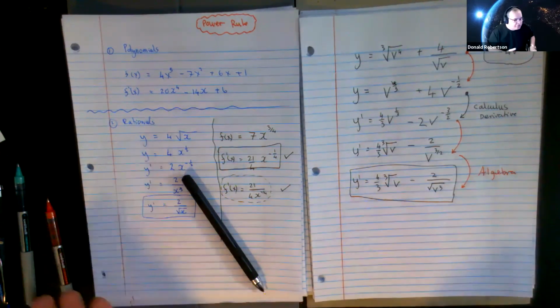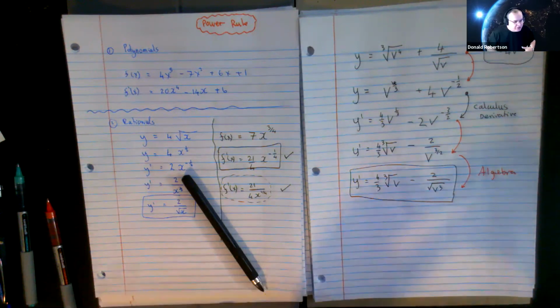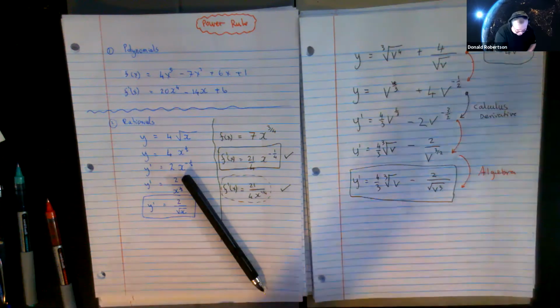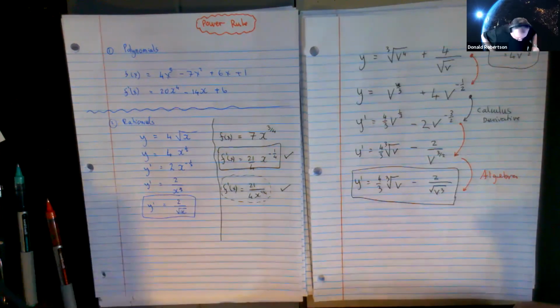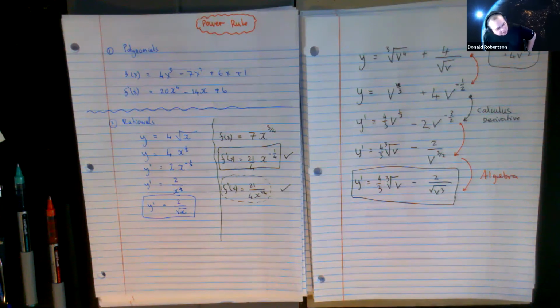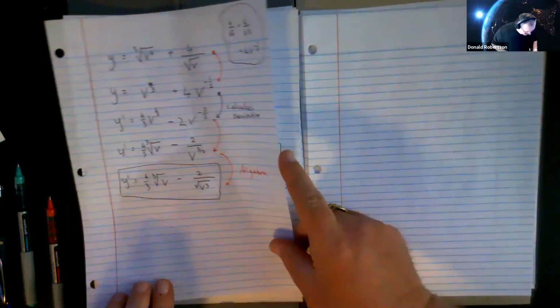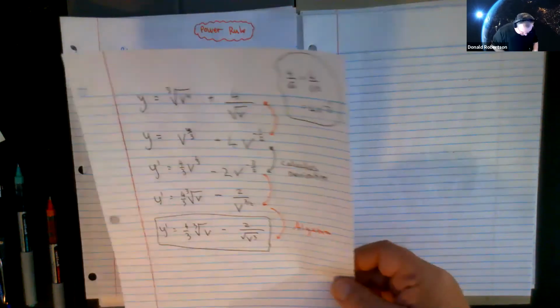Doing various things in algebra, either to get it into a form that allowed me to differentiate it, or after I've differentiated it, getting it back into the original look. So you'll probably spend more time doing algebra than you will be doing differentiation. Most of the time, differentiation happens in a line. Right, one line is done. And all the other stuff is, you know, getting it into the form that's needed.